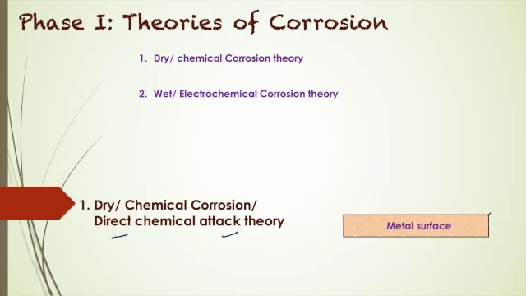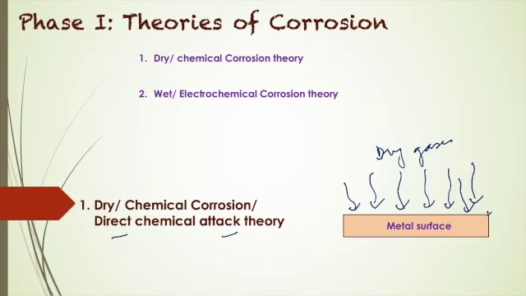This metal surface is attacked by the dry gases which are present in the environment, or any medium which is present in the environment and is enough to make the metal surface corrode. These dry gases directly attack the piece of the metal, and the surface of this metal gets degraded, it gets corroded.